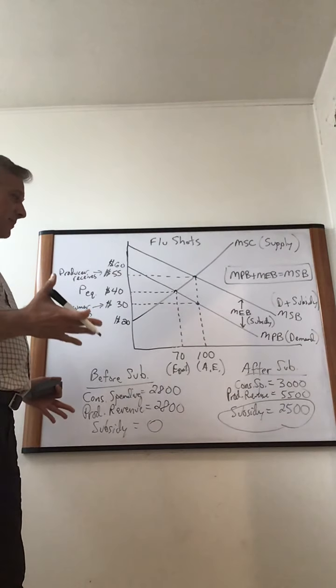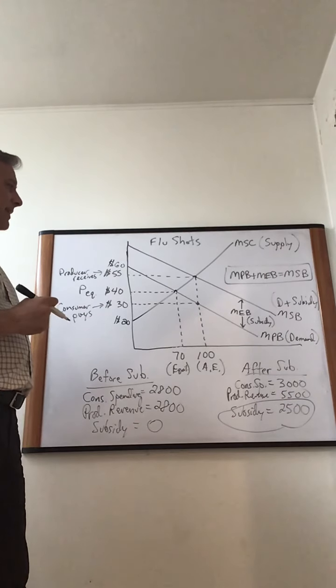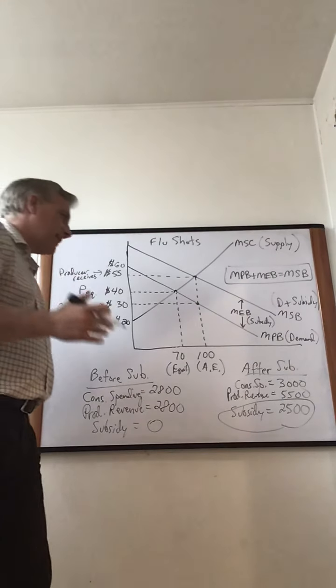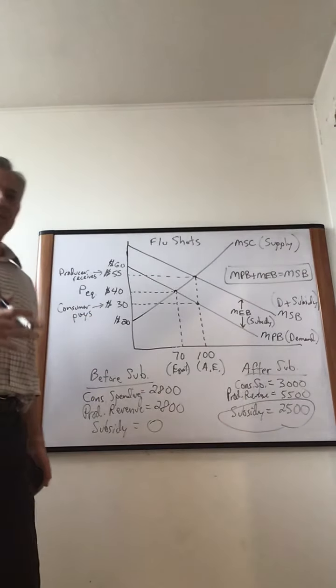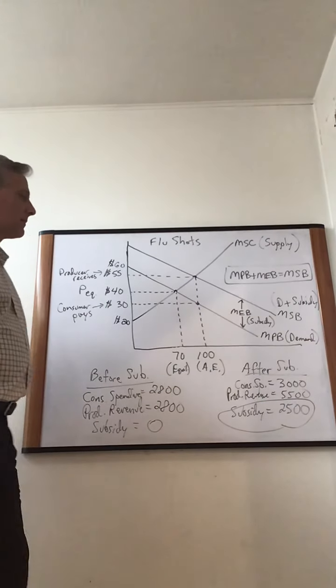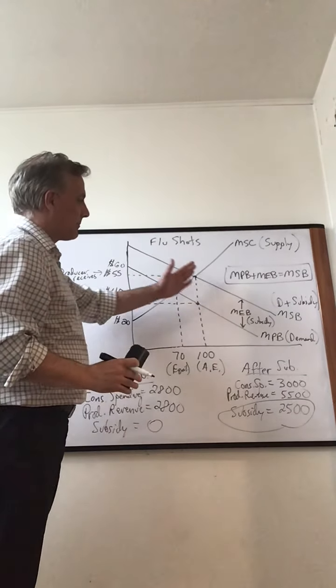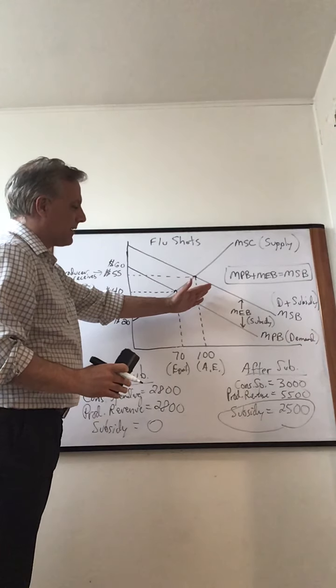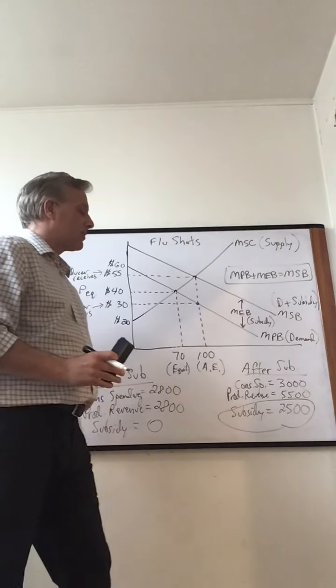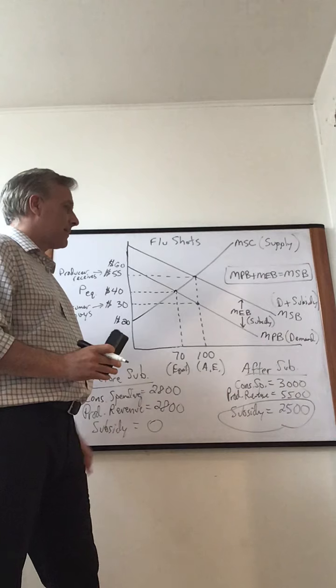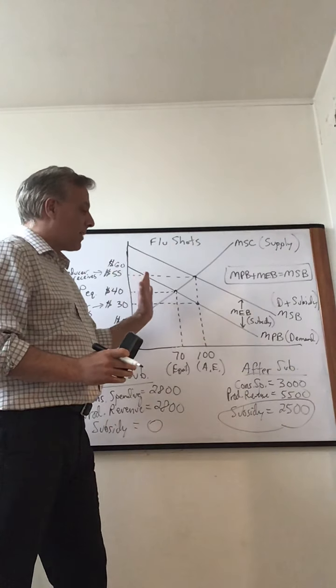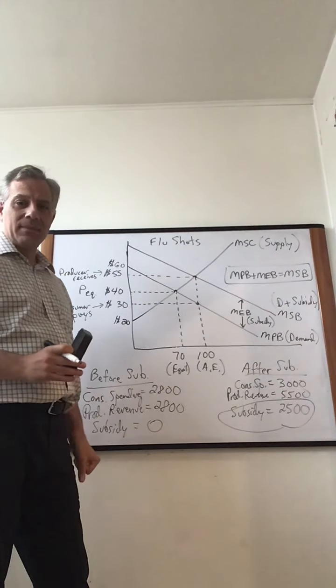I think this covers pretty much everything that they might ask. If they really wanted to be jerks, they might put marginal private cost here instead of shifting marginal social benefit that way. That is a way to indicate a subsidy.